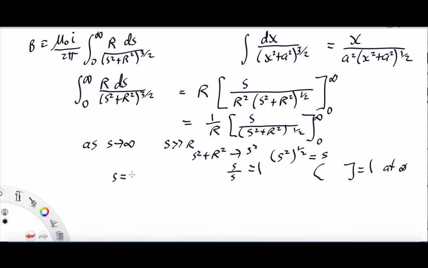Now, if s is 0, we get s over something, 0 over R. So that's just 0.